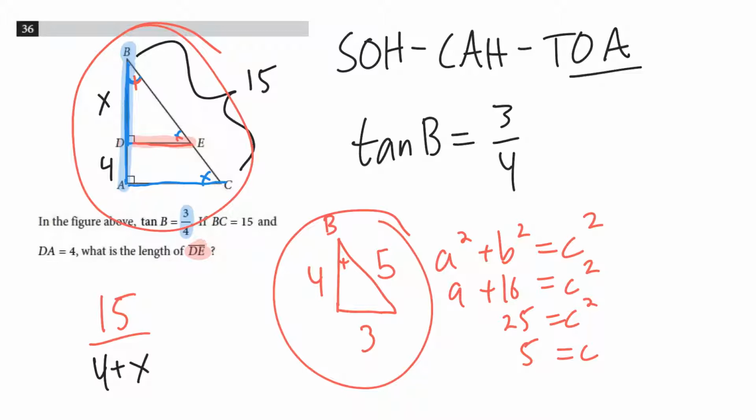Okay, and that's going to be equal to 5, which is the hypotenuse on our little sample triangle, is to 4.